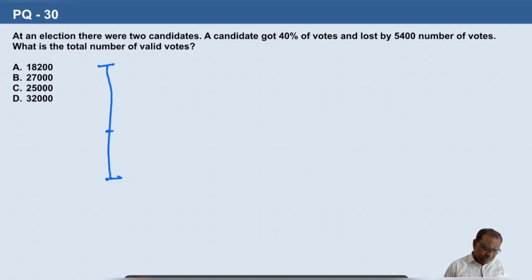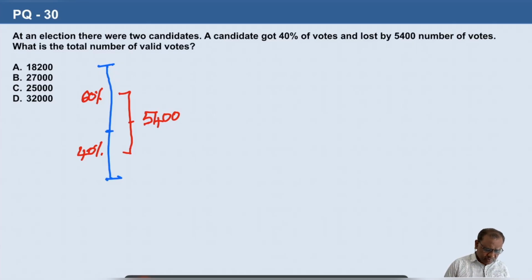The person who got 40% lost. That means the winning candidate gets 60%. The difference of votes is 5,400 between the winner and the loser.